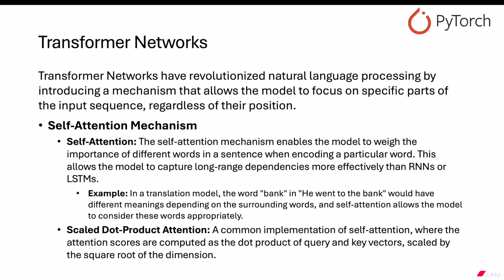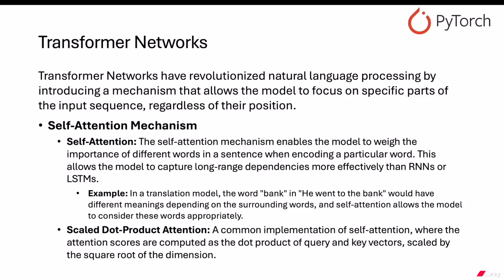This allows the model to capture long-range dependencies more effectively than RNNs or LSTMs. An example is in a translation model, the word blank in "he went to the blank" would have different meaning depending on the surrounding words, and self-attention allows the model to consider these words appropriately.